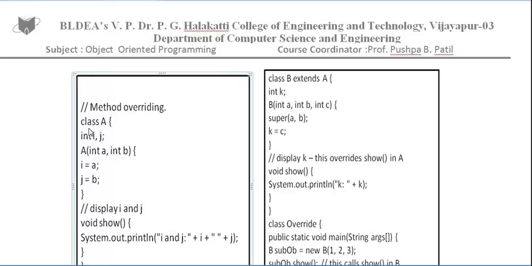In order to initialize these two instance variables, we have written a constructor. The name of the constructor is the same as the class name. There are two parameters because we want to initialize these two instance variables using them. So a is assigned to i, b is assigned to j.